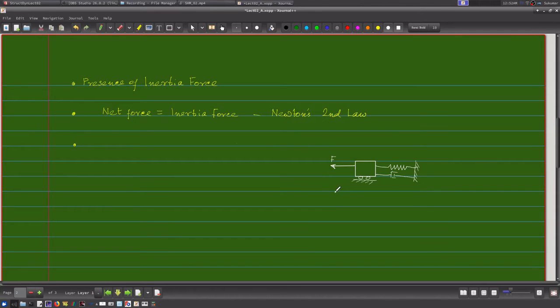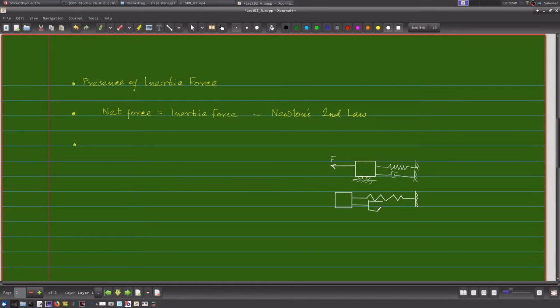The mass will be displaced and the spring will get extended, and similarly in my damper there will be some relative displacement between the piston and the cylinder.